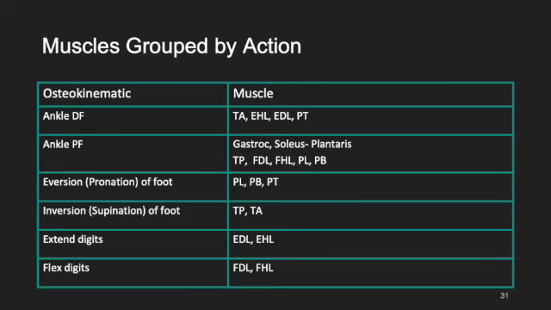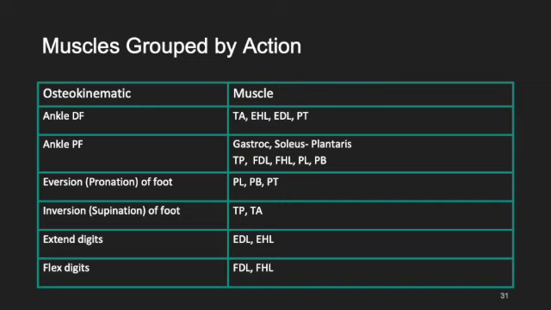So another chart, if you haven't seen enough charts yet, but this chart, again, very important. This is their action chart. So take a look at what muscles perform dorsiflexion, which perform plantar flexion, which perform eversion, inversion, and then flex and extend my digits.